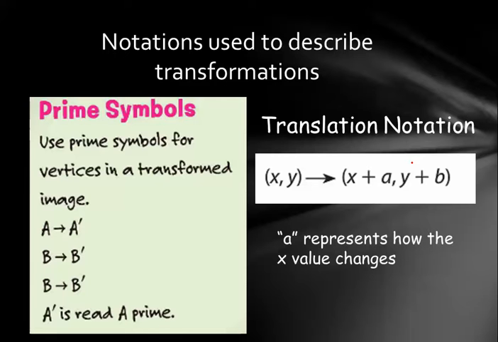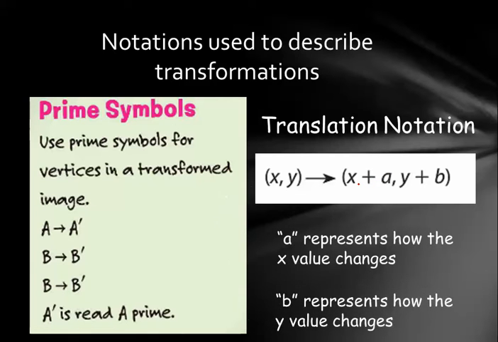If we added a number, that means it moved to the right. If we subtracted a number, it moved to the left. And the b represents how the y value changes. So again, if y added a positive number, that means the image moved up. And if it was adding a negative number, that means the image moved down.